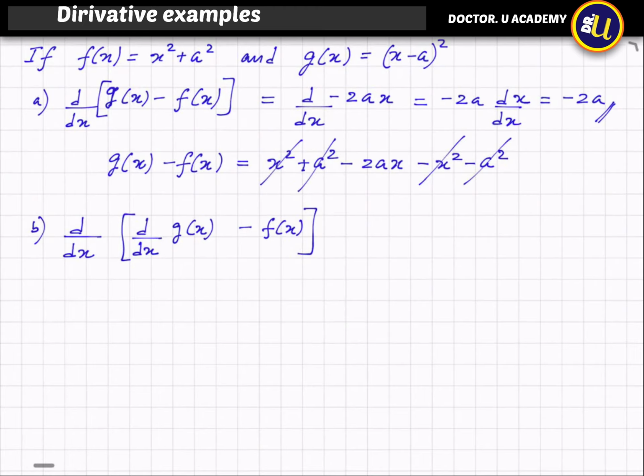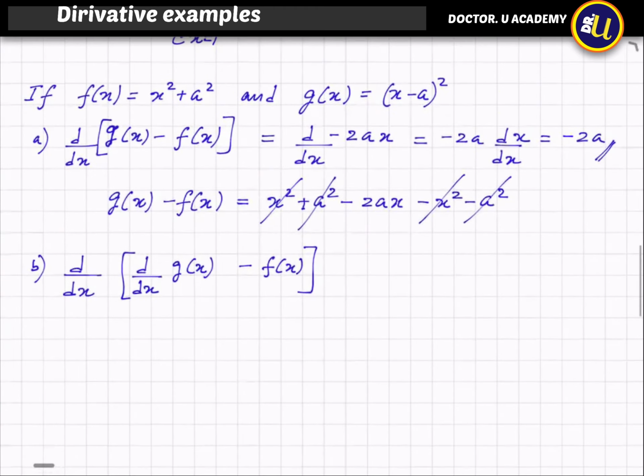So now in this question, first of all we have to consider d/dx of g(x), so we have to break the problem first. So first we will find d/dx of g(x). So d/dx of g(x) would be d/dx of x squared minus 2ax plus a squared.